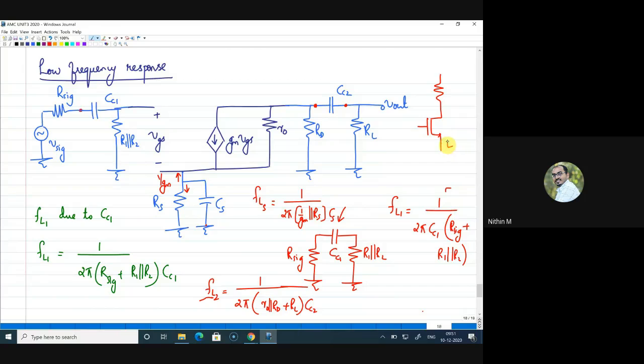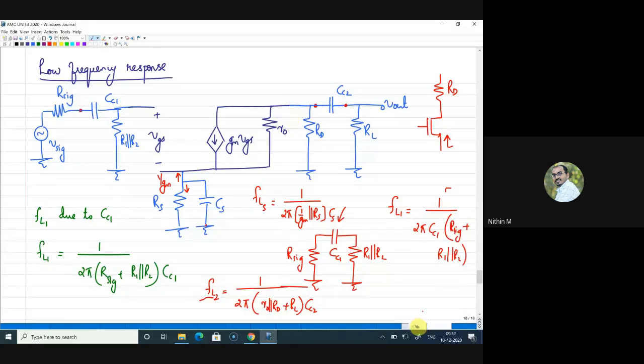If you remember, the resistance looking into emitter, in the simplest case, I can assume it as 1 by GM. But depending on the value of RD, we need to consider it as R0 plus RD by that expression, whatever we derived in the common gate case. So we can take the entire resistance there, but in this case, taking 1 by GM itself is sufficient because the R0 value is typically high.